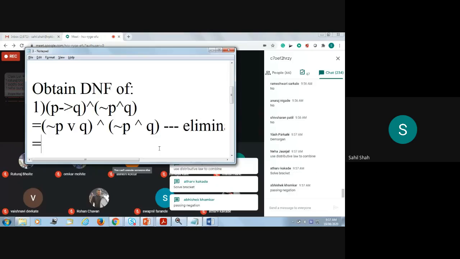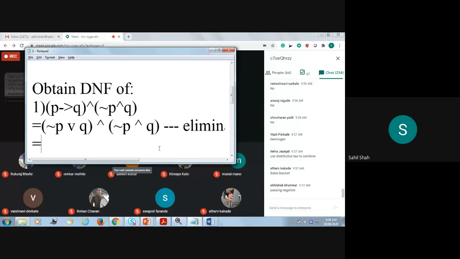Okay, Neha is saying using distributive law to combine. Solve bracket, passing negation. Okay. So just observe how I am solving. I hope this is visible. I am saying negation P conjunction, this whole bracket, negation P conjunction Q, because I want this or outside the bracket.